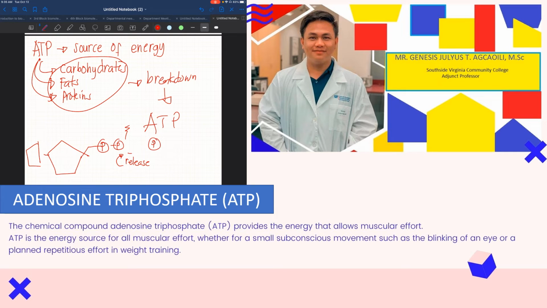So you have one phosphate here. It releases energy, so it gives off energy for you. And so every time you are using an ATP, a phosphate will always be released, then it gives energy to your body that you can use for your daily work. So that is how an ATP molecule is being used inside.